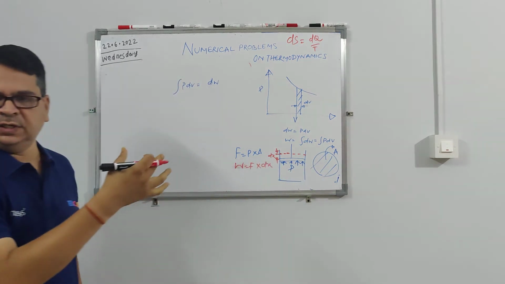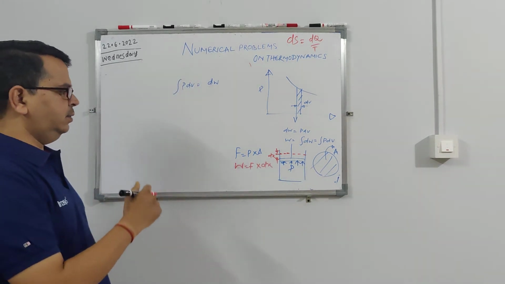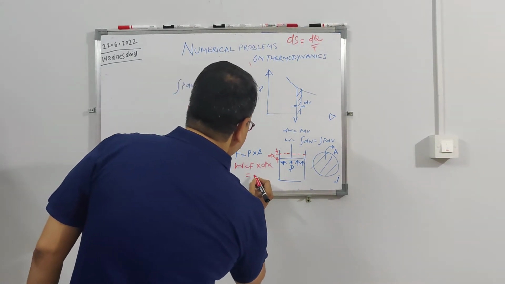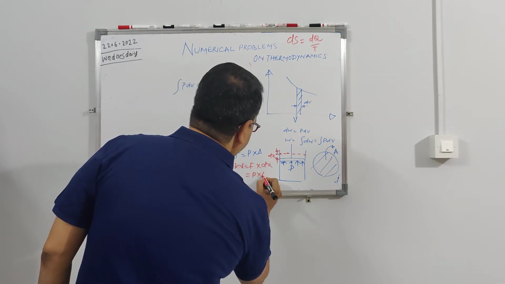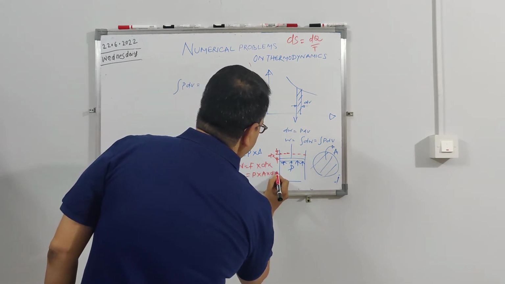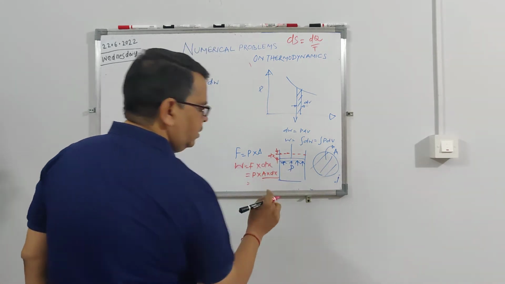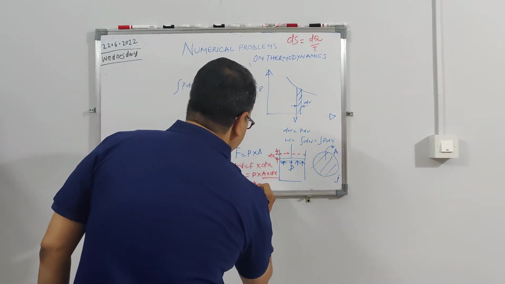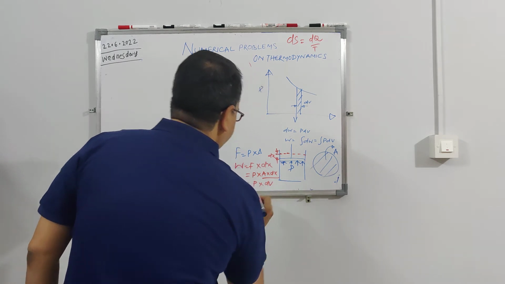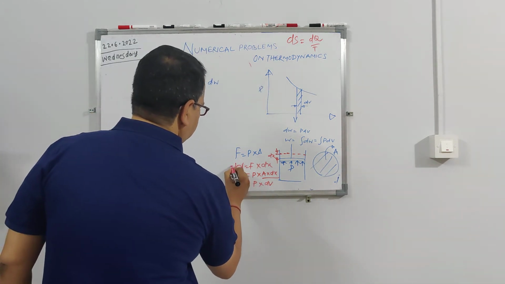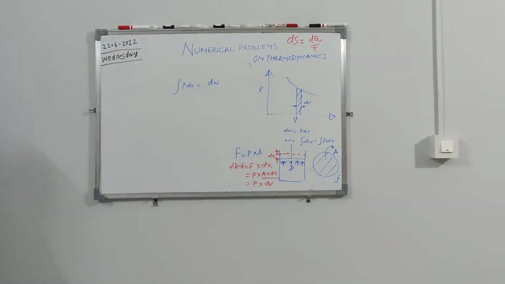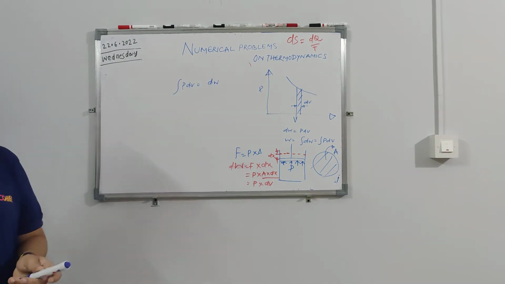Your force is P into area of piston, into dx. This A dx is nothing but the infinitesimal volume, so it will become P dV. So this is dW. From that concept we get the work done. Understood?